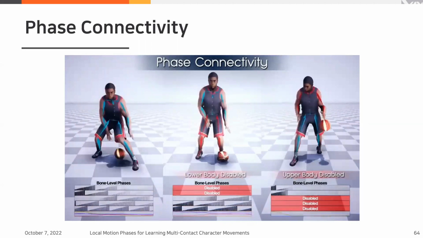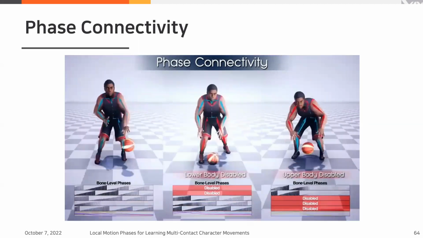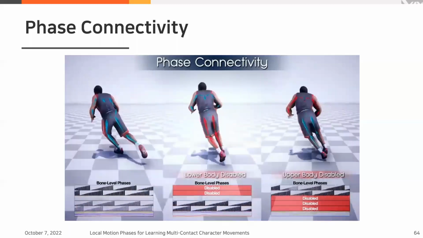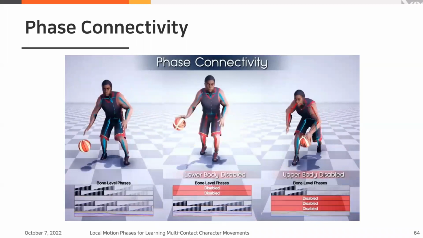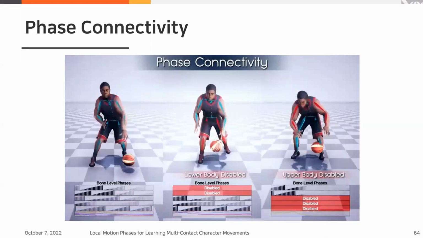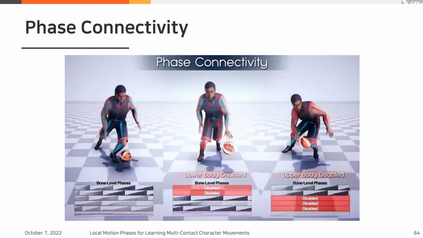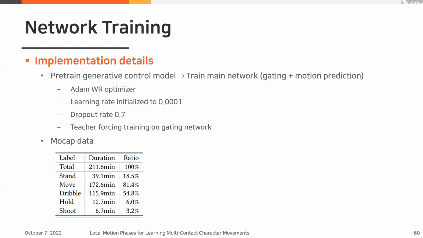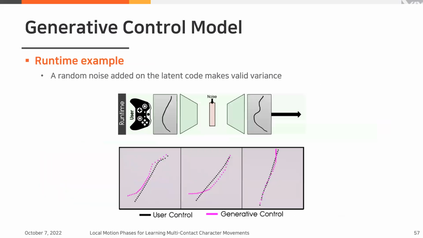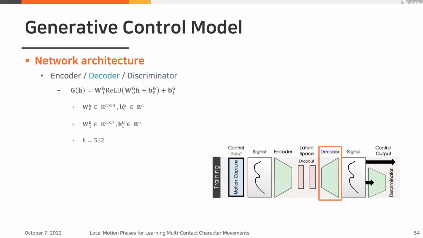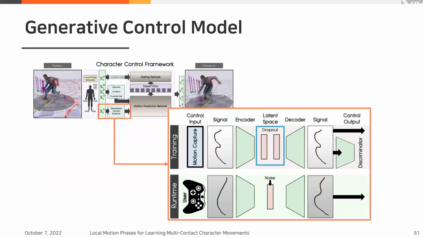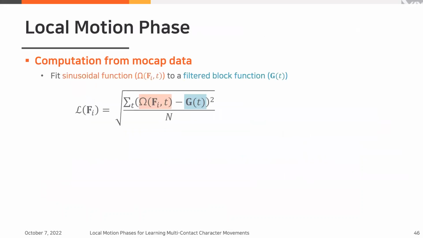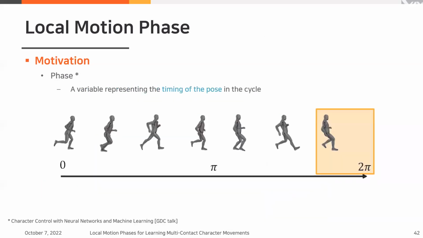Is there any other question? Can I ask two questions? Yes. First, it is about the input control signal. Is the input just the direction in which the character should move, or are there other control signals that can do those fancy dribbling movements? I think it contains more than direction information.